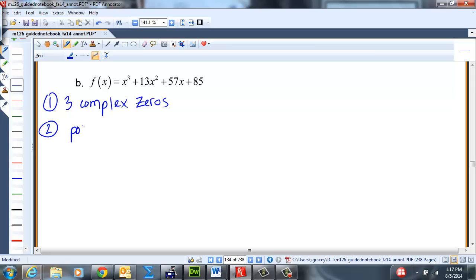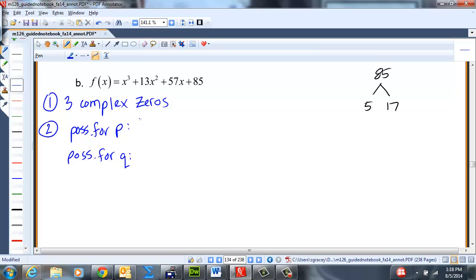So, possibilities for P, possibilities for Q. If you factor 85, it's 5 times 17, so that's not as bad as I thought it would be.